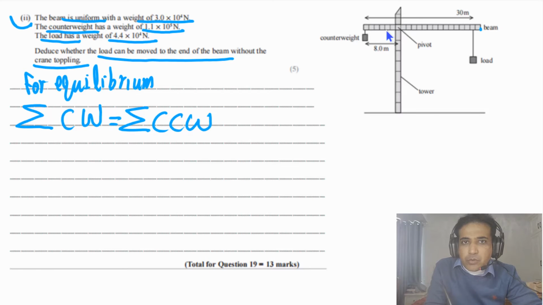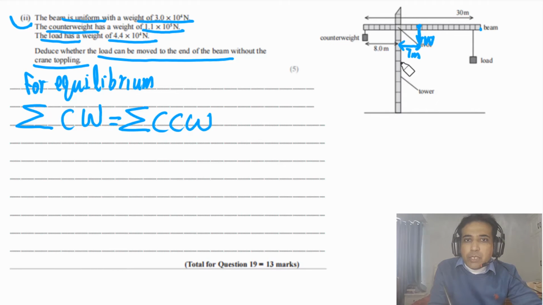Here we have 1 2 3 4 5 6 7 8 9 10. It will be around here because we have 21 small squares. So this is where the weight of the beam is acting. The length of this beam is 30 meters, so the midpoint is at 15 meters. This one is 8, so this distance has to be 7 meters. So we can say this is 7 meters.